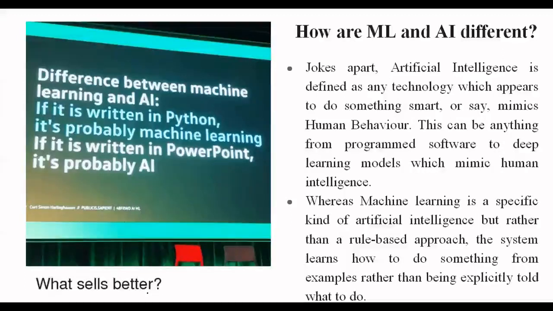Jokes apart, artificial intelligence is defined as a technology which appears to do something smart, or mimics human behavior, and this can be anything from program software to deep learning models which mimic human intelligence. Machine learning is a specific kind of artificial intelligence, but rather than a rule-based approach, the system learns how to do something from examples rather than being explicitly programmed. Here we give the data, and the machine programs itself according to the data.